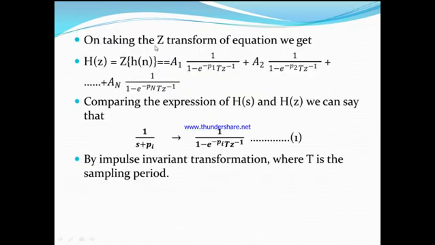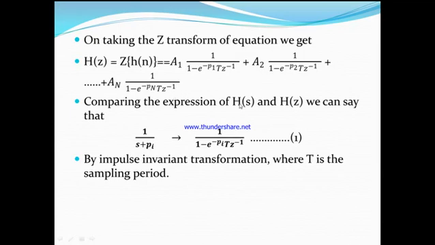Next we take the Z transform of the equation. So we will get a1 into 1 by 1 minus e power minus p1 T z power minus 1, up to an into 1 divided by 1 minus e power minus pn T z power minus 1.